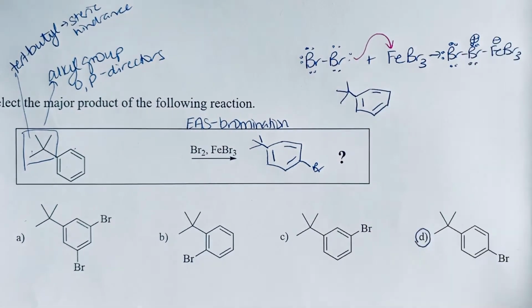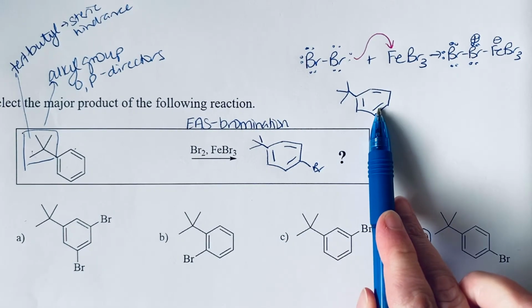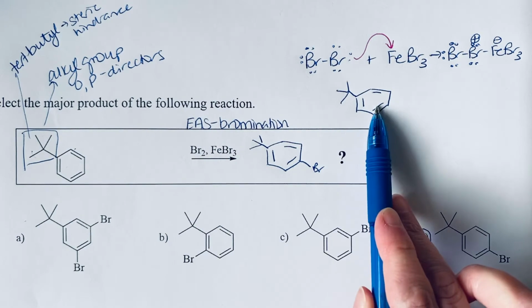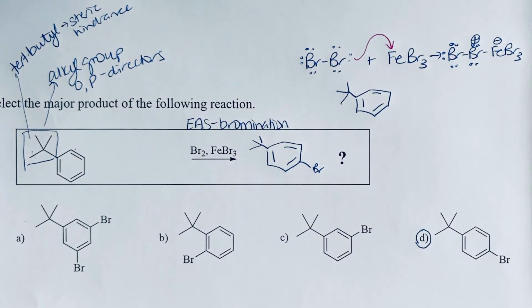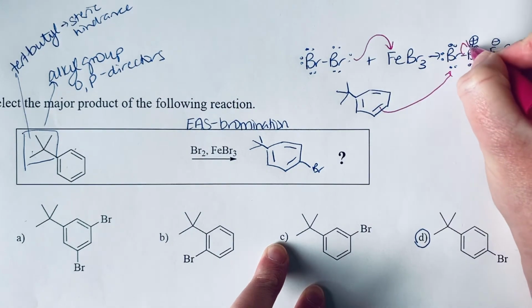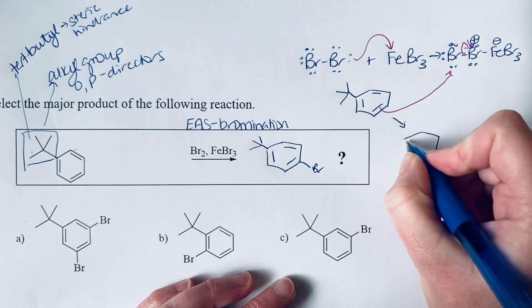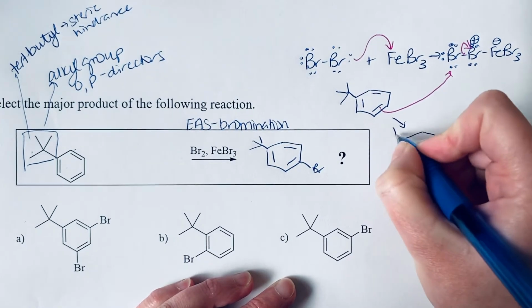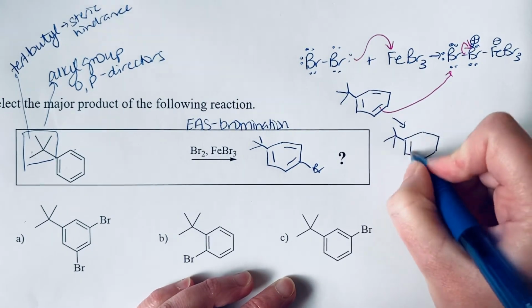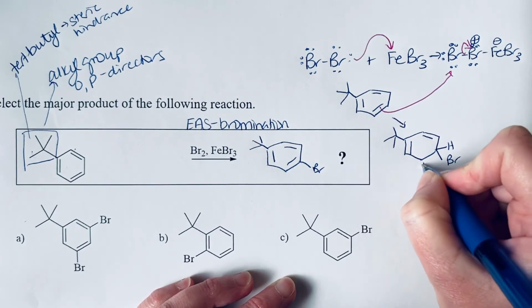And so because we've identified the major product as the para product, I'm going to use the bond here as the nucleophile because that'll allow me to attach the bromine to that para position. So this is going to attack the bromine and break this bond, giving us a carbocation intermediate. So we've got the tert-butyl group on here, and here is the carbocation intermediate that we have formed.